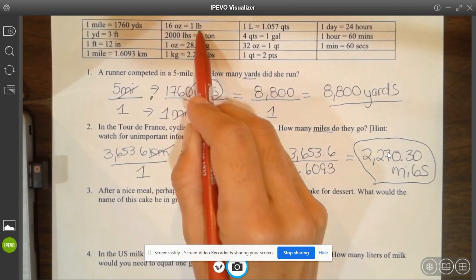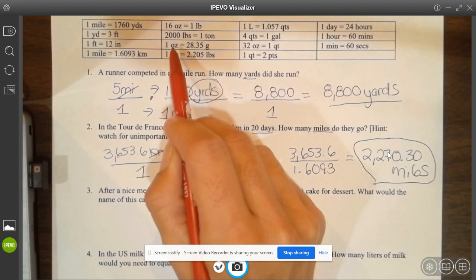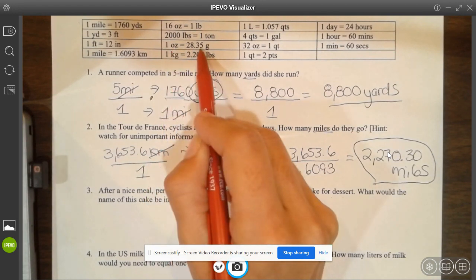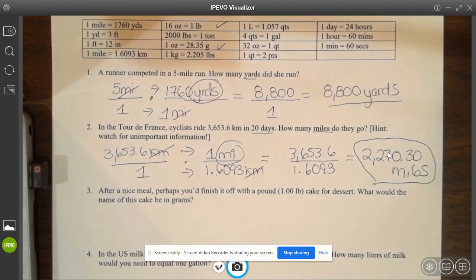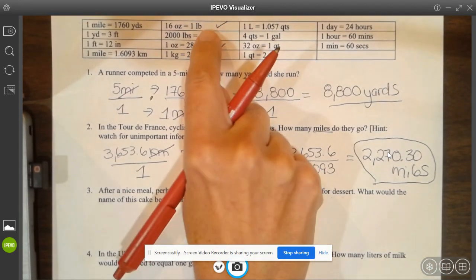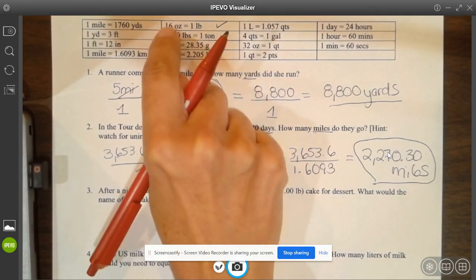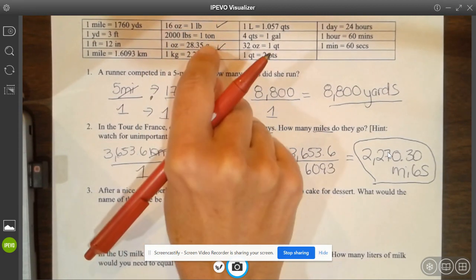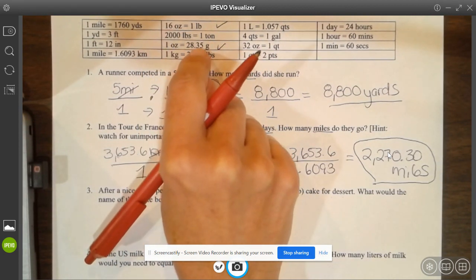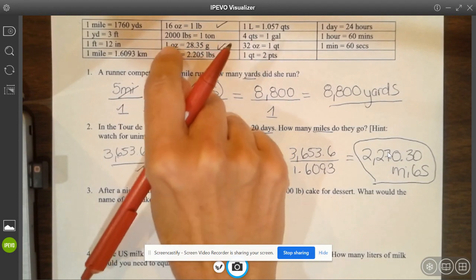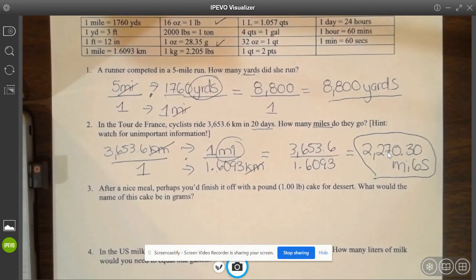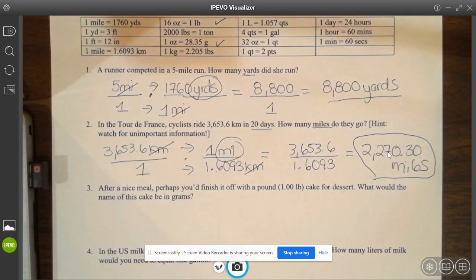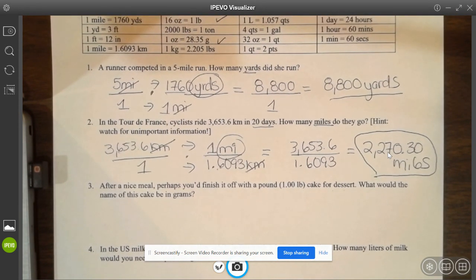We're going to be using 1 pound is 16 ounces and 1 ounce is 28.35 grams, because we have a pound here, but we don't need ounces. We know that 1 ounce is 28 grams. So we're going to use both because that will convert our units.